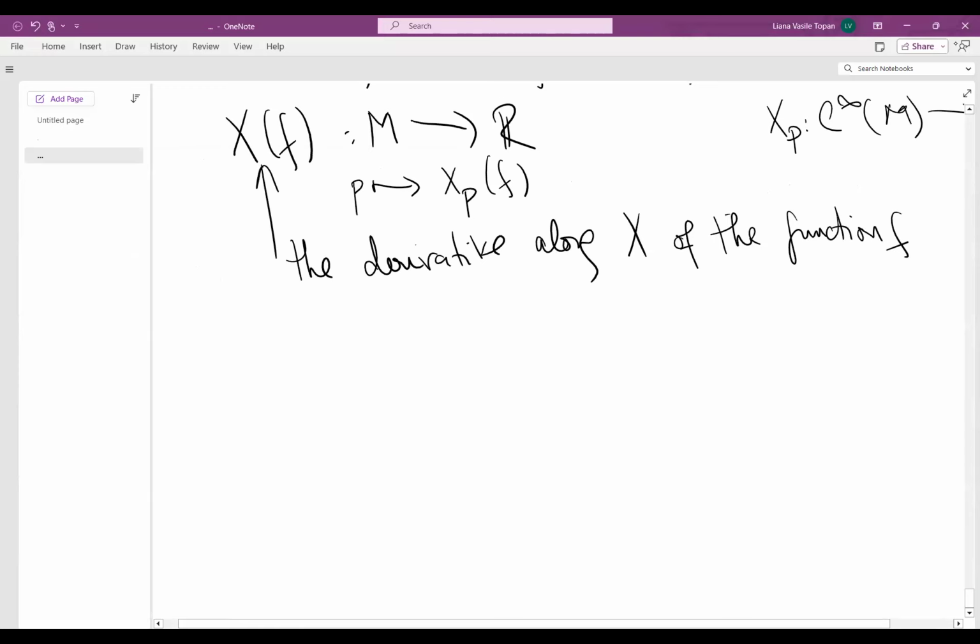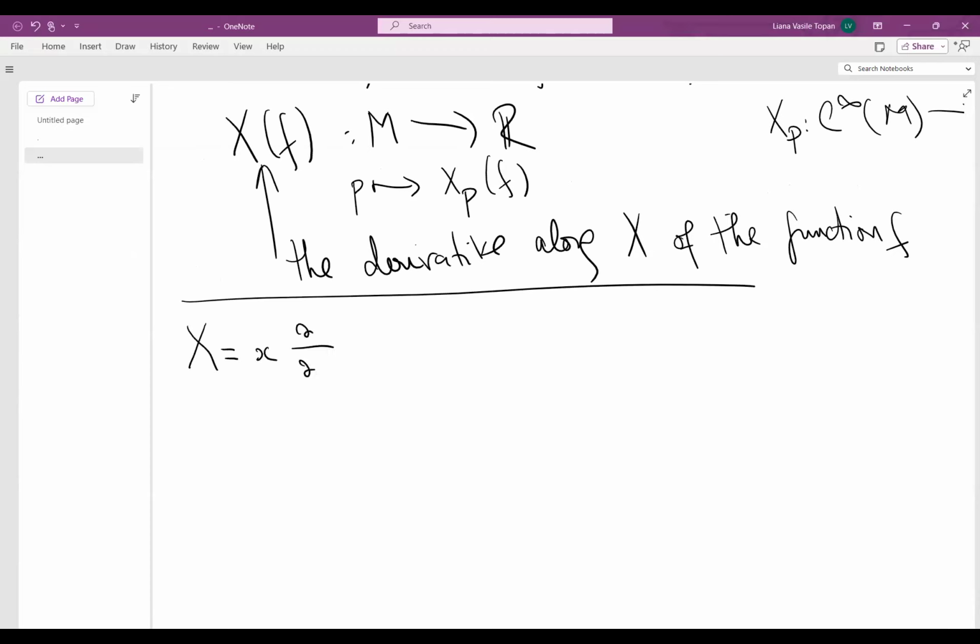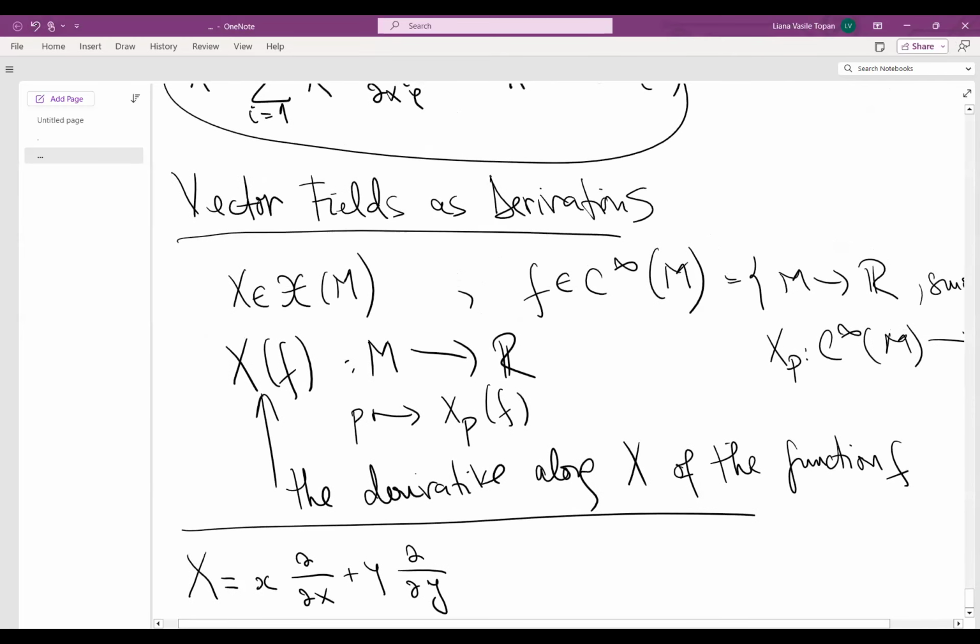Let me show you how we compute this derivative, right? So I'm going to take a simple example. Suppose that X is simply of the form x partial over partial x plus y partial over partial y. So you see, these are the elements of the basis, so-called frame, on the space of the vector fields, right?